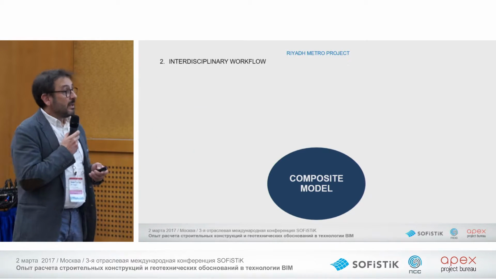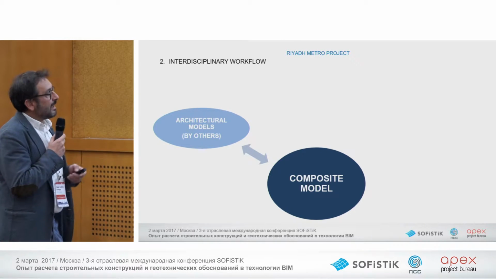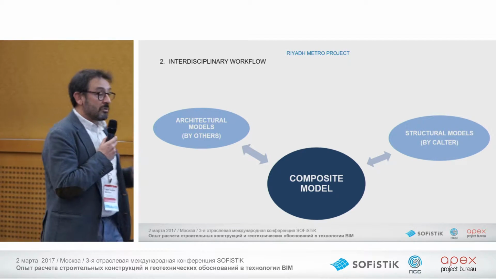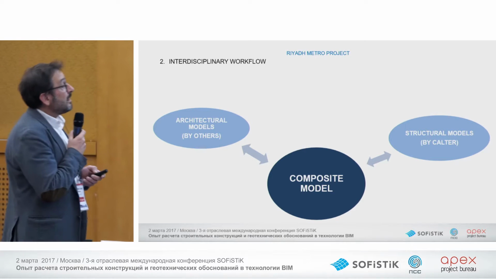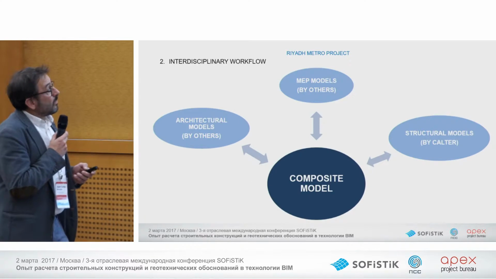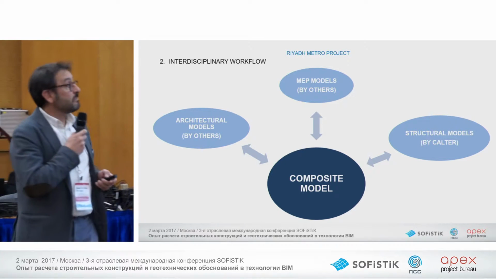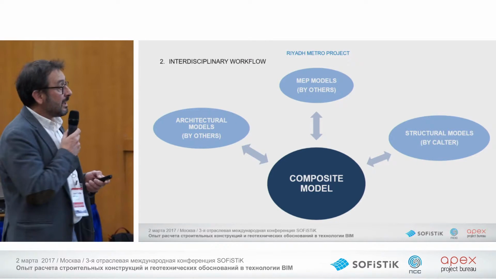The final model is made by architectural models made by others, our structural models made by Calter, and models made by other engineers, and finally this is the composite model.